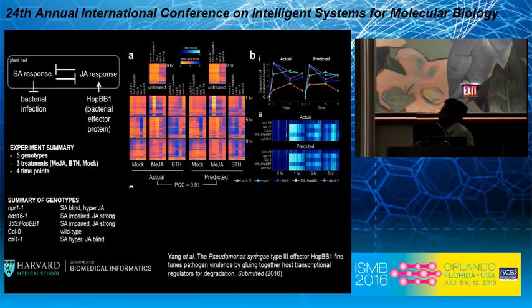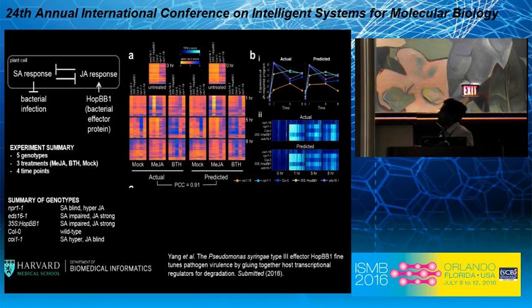So, for example, this mutant here, COI1, is a JA blind mutant because it is a JA receptor. And we can see that upon MEJA treatment, it doesn't really respond all that well. And our predictions recapitulate that finding.